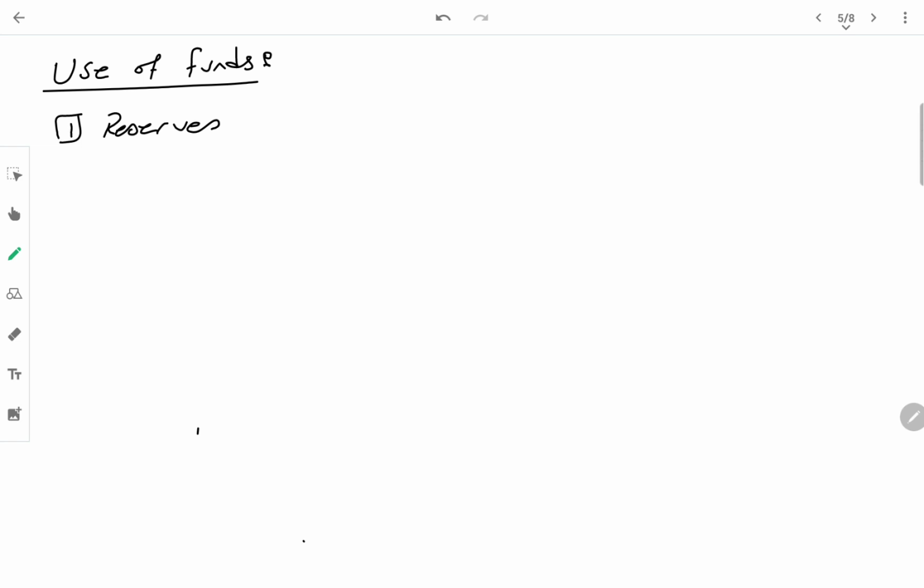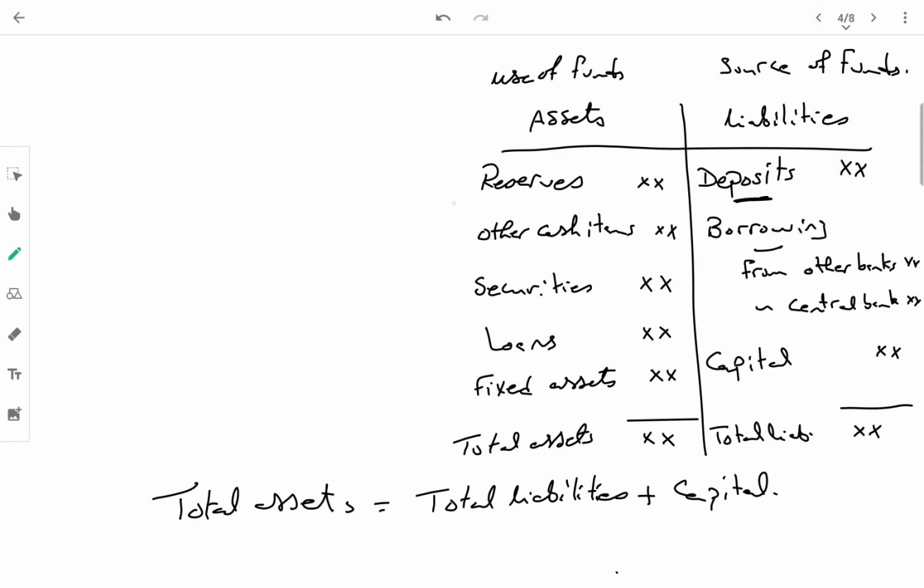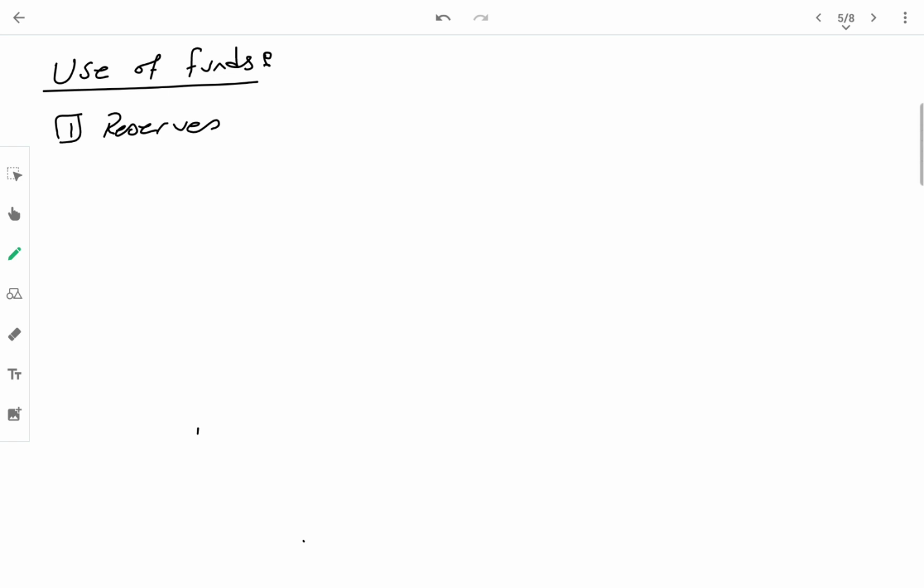Items are recorded in the balance sheet based on their liquidity, which means that the most liquid assets are listed first, and then as we move downward, they are less liquid, and finally the least liquid. What's meant by reserves? Reserves are liquid money kept by the bank to meet deposit withdrawals.